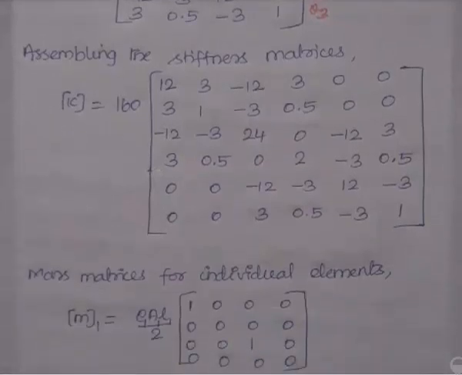Then coming to the mass matrices for the individual elements. Here the problem asks us to use the lumped mass matrix approach. This is the formula for the lumped mass matrix for a one-dimensional beam element, rho A L by 2 times a 4 cross 4 matrix.